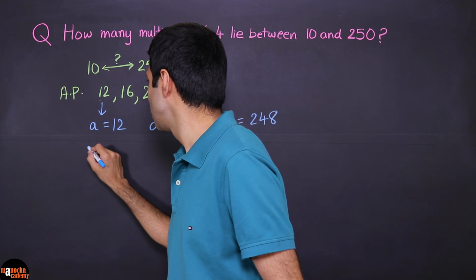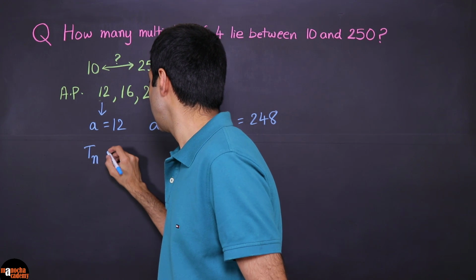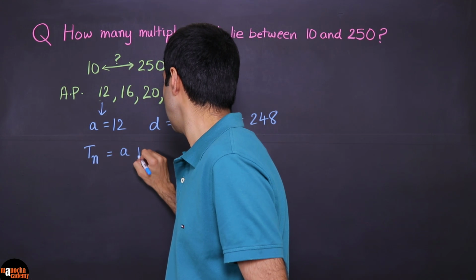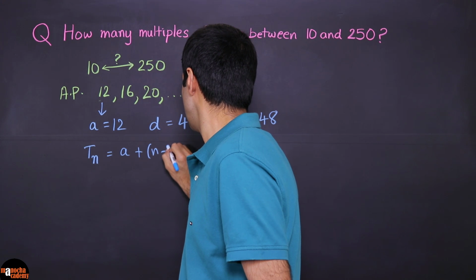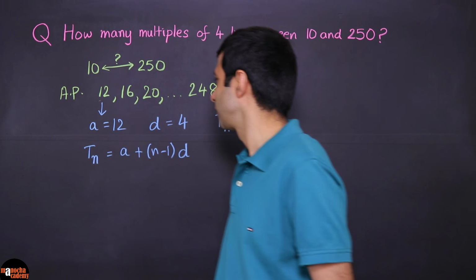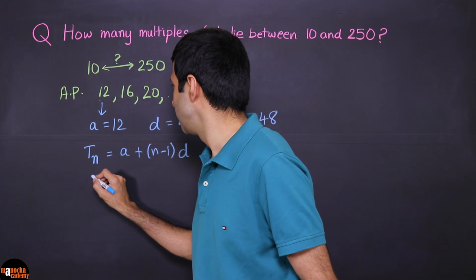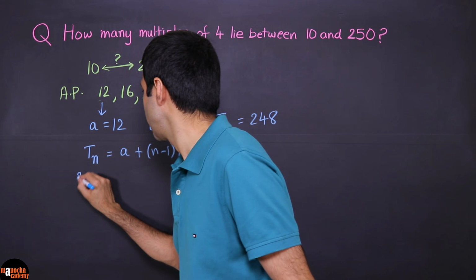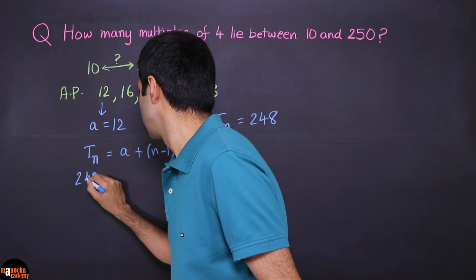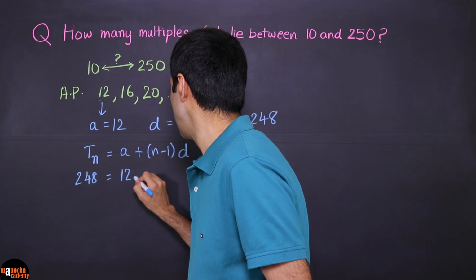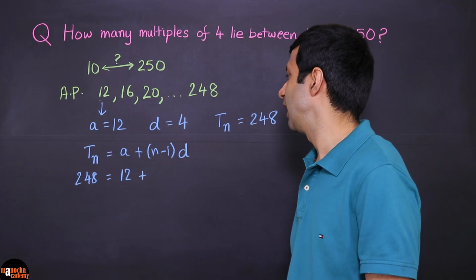So let's go ahead and use our formula. Tn equal to a plus n minus 1 times d, right? And so if we substitute, Tn is 248 equals 12 plus n minus 1.